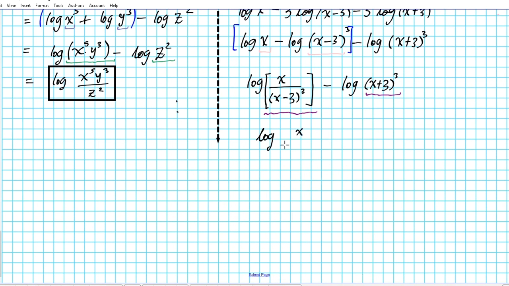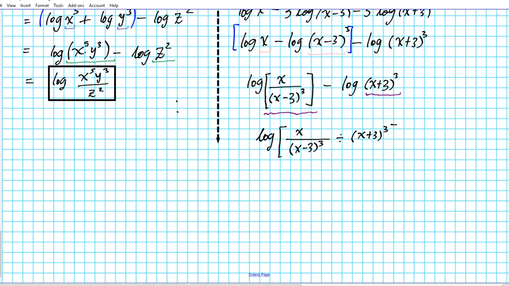Alright, so this is going to become x over x minus 3 to the third. Okay, so this one that we have right here, we're going to be dividing it by x plus 3 to the third. Okay, like that.